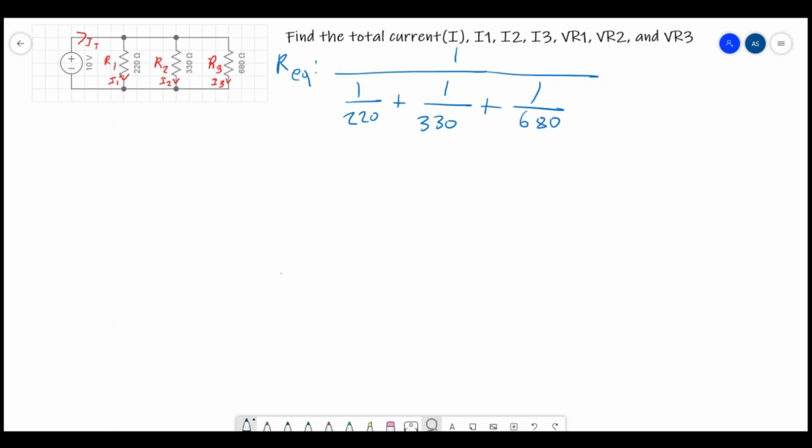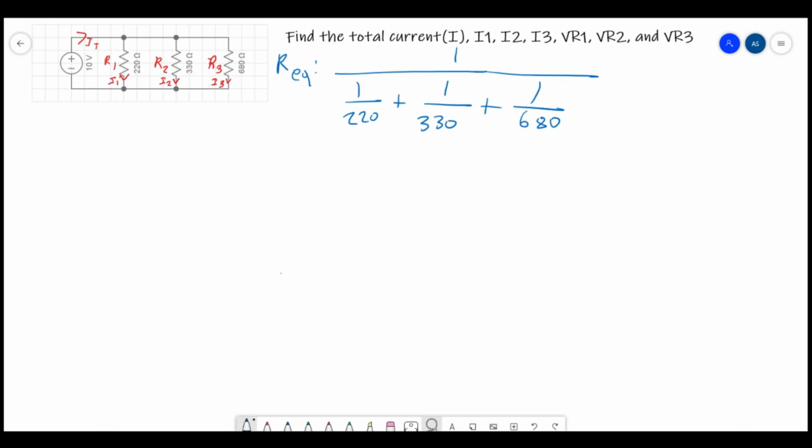Why I did this is, according to the parallel circuit law, if there are resistors connected in parallel, then we have to use 1 over the resistor value. So that is why I did this.